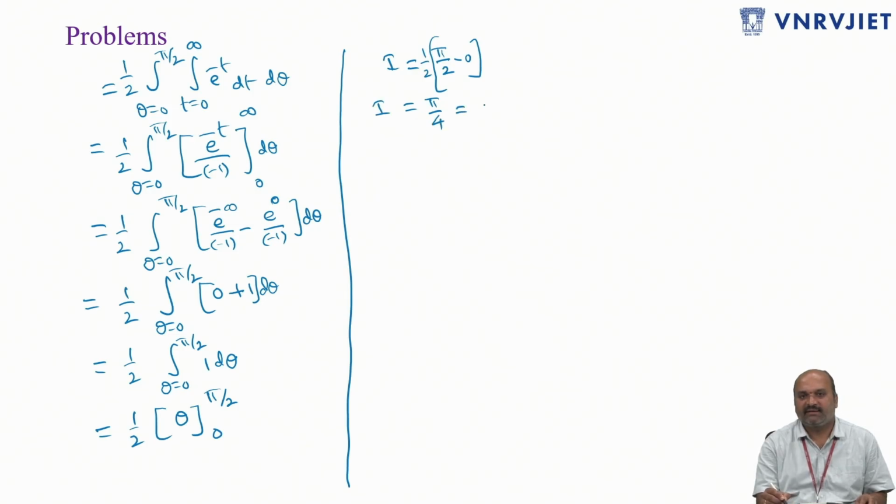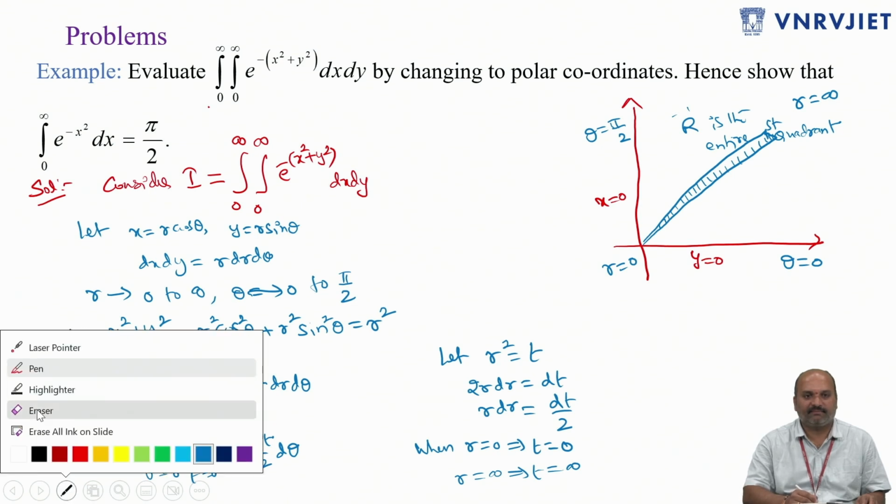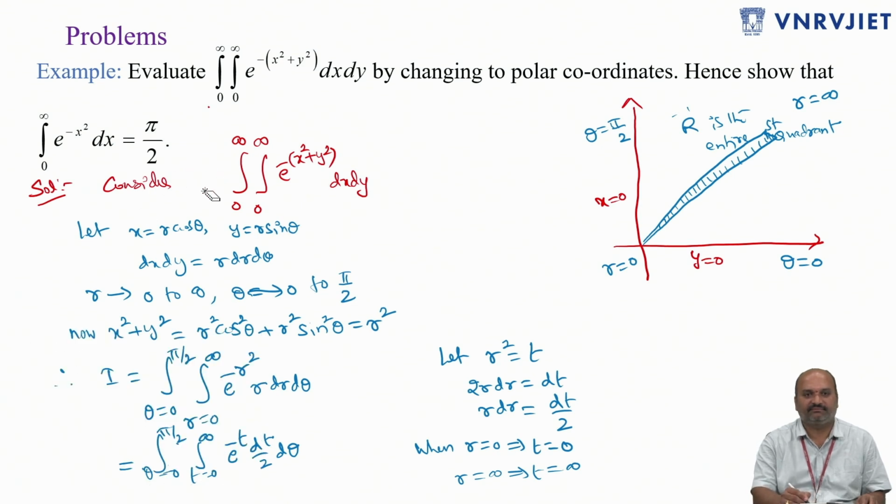What is actually I? I equals the integral theta from 0 to pi by 2, r from 0 to infinity, e power minus r square. We'll do one thing: don't consider this as I, just consider this integral.